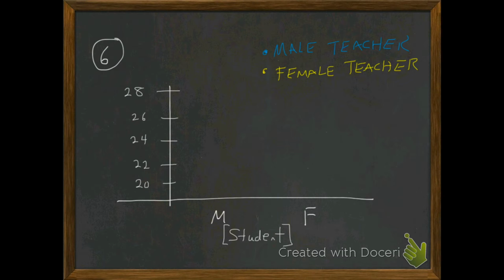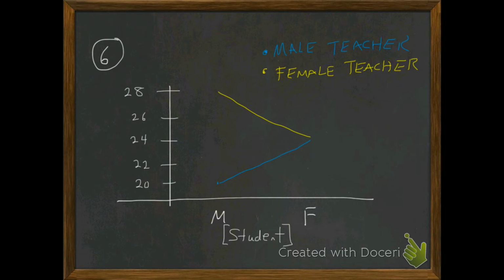Now what will happen here when we get into the plot: the blue line is going to look like it goes from 20 to 24, and then the yellow line is going to look like 28 to 24.